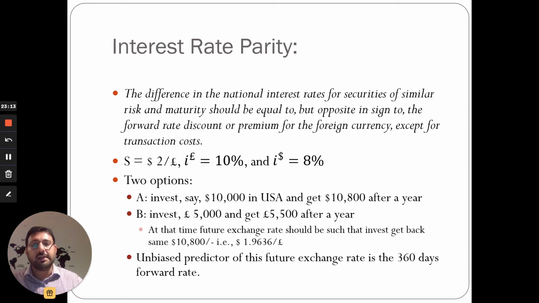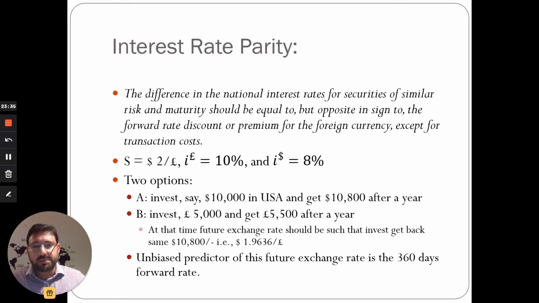Let's suppose the investor is a US investor and has $10,000 with him. After a year, if he invests in the US bond, he will get 10,800.